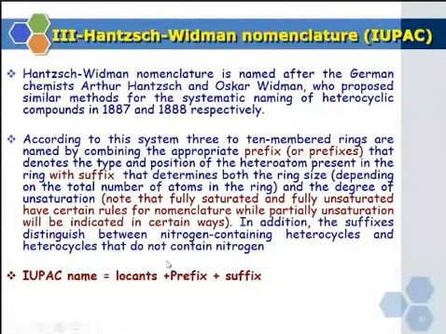So there are 3 parts in all. First is the positions or locants. Second is the nature of the heteroatom attached, and here we can get an idea about ring size and the degree of saturation, unsaturation, partial saturation, etc.